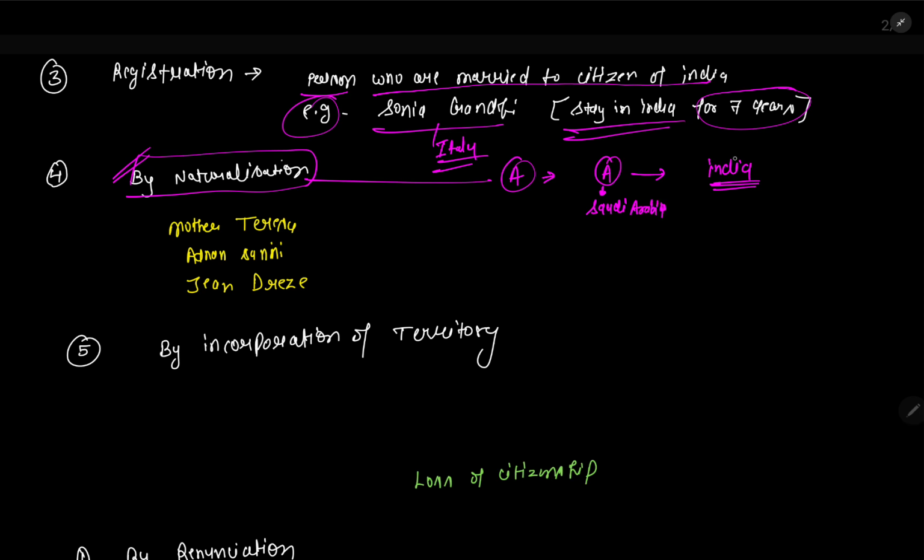Now there's a rule that any Indian citizen, let's say B, cannot become a citizen of Saudi Arabia via naturalization. What I'm trying to say is, let's say citizen B is an Indian citizen who wants to become a citizen of Saudi Arabia, but there's a law, a protocol, that anyone from India cannot become a citizen of Saudi Arabia via the process of naturalization.